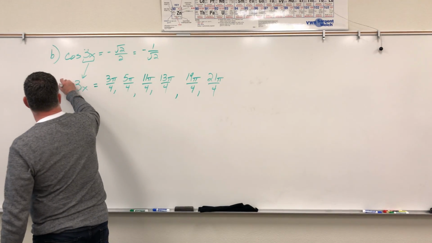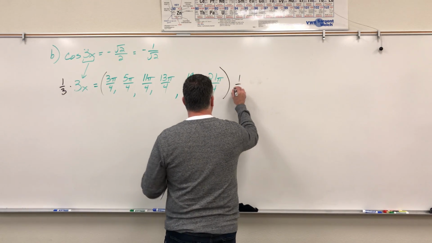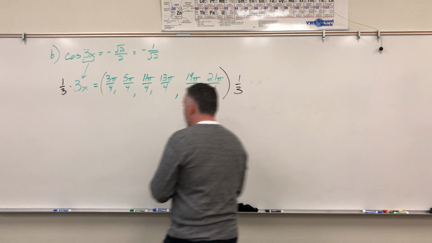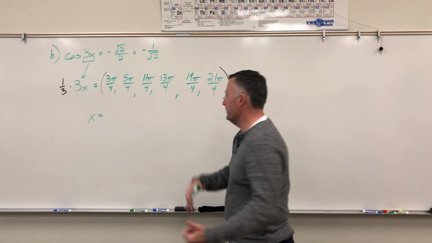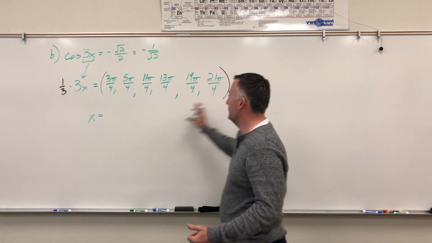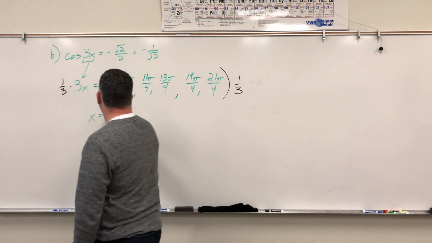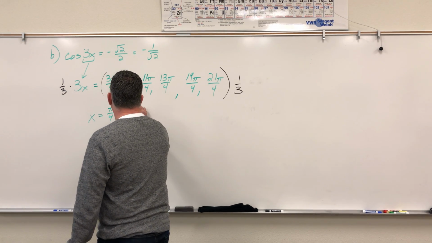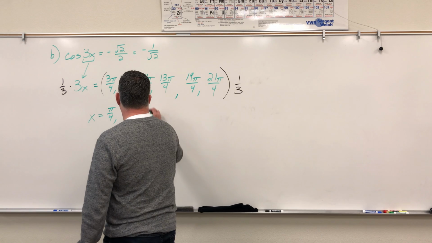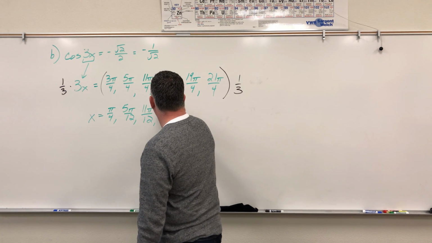So you can multiply everything by a third. And if it reduces, reduce them. So the third, if you multiply it to that first answer, the 3's cancel. So pi over 4, 5 pi over 12, that's fine. 11 pi over 12, doesn't reduce.